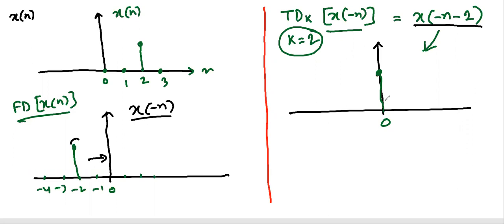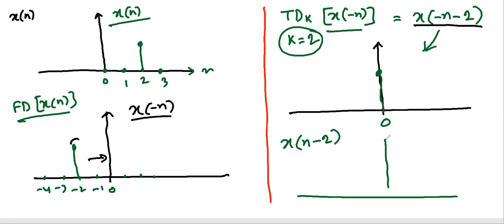Now, if we first do the shifting operation for 2 samples on x[n], how will it look? It will be x[n-2]. We can draw this, where the signal will be shifted.